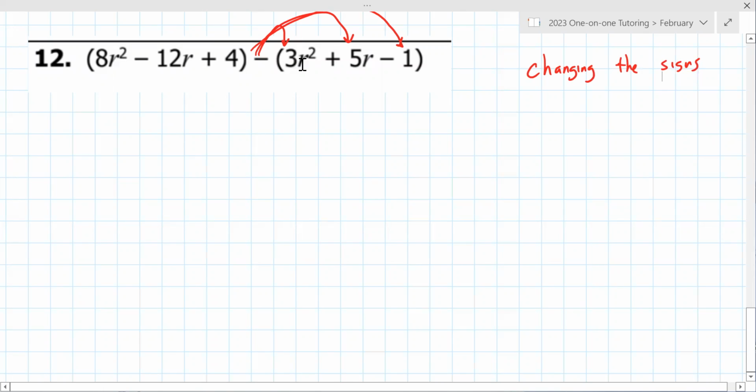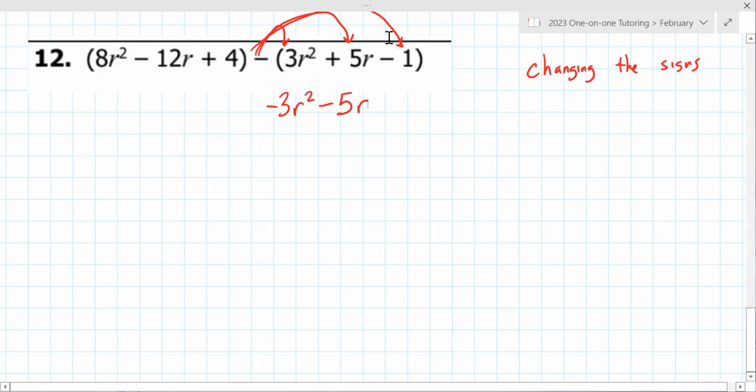Right now, 3r squared is currently positive. So this subtraction symbol is going to make it negative. This 5r is positive. The subtraction symbol is going to make it negative. This is -1 here.